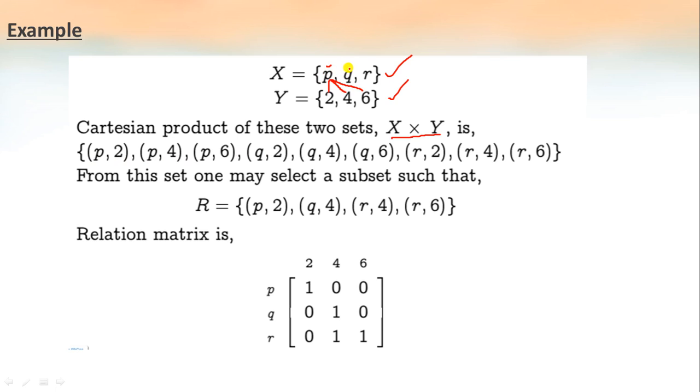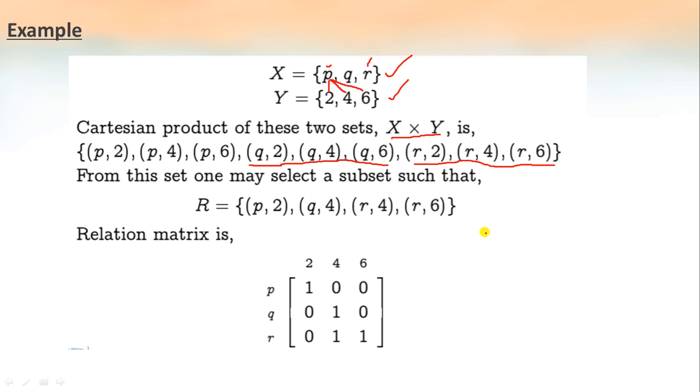Similarly, we can take the next element in the first set, that is q. So these will be the possible ordered pairs: (q, 2), (q, 4) and (q, 6). Then when we take the next element r, it will be (r, 2), (r, 4) and (r, 6). So this is the Cartesian product for these particular sets X and Y. Now let us define a relation.